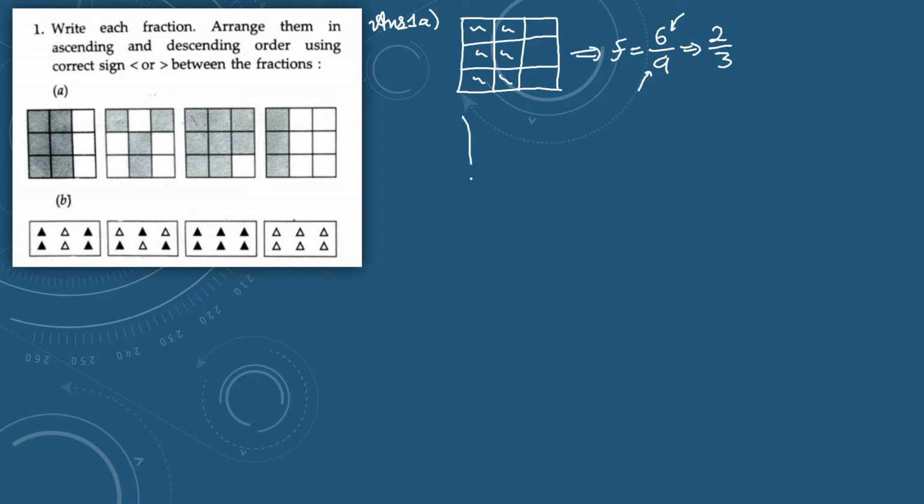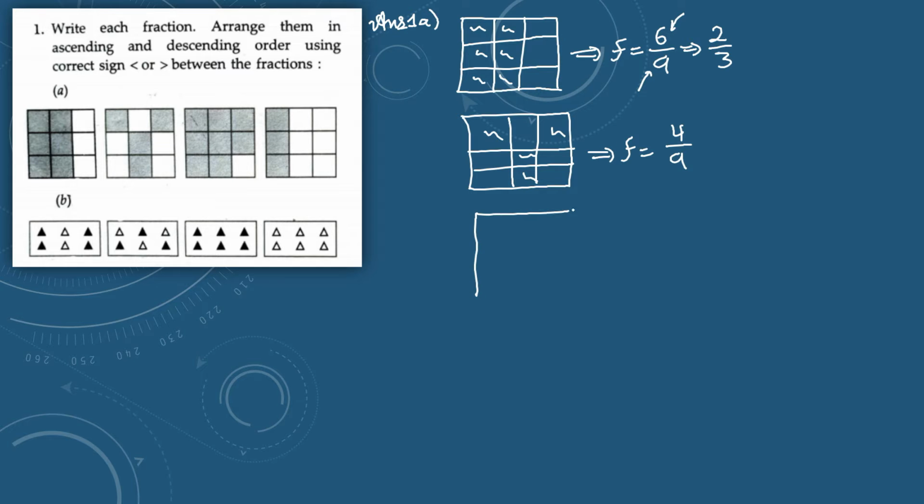For the second figure, there are 4 squares shaded. So the fraction of shaded squares would be 4 upon 9, that is the number of shaded squares divided by the total number of squares, and this is in the lowest form.